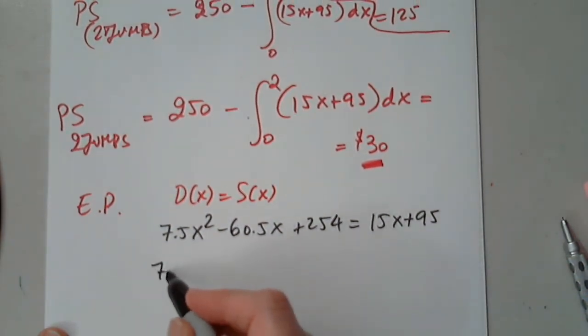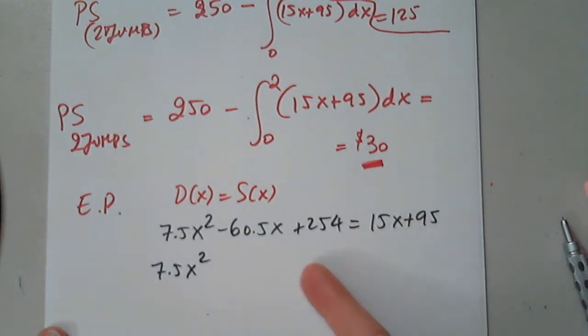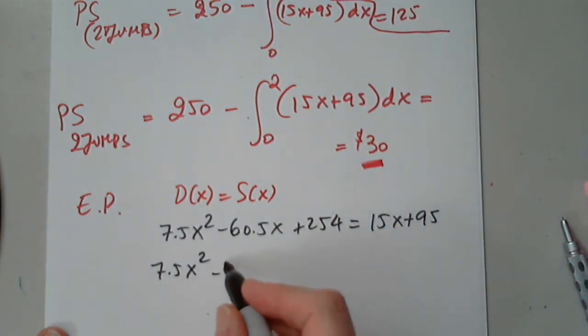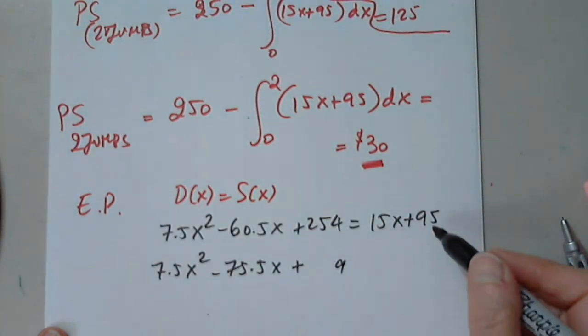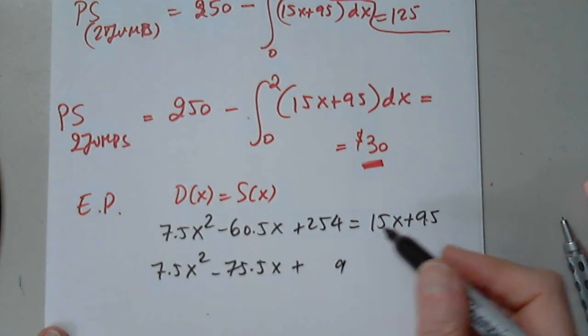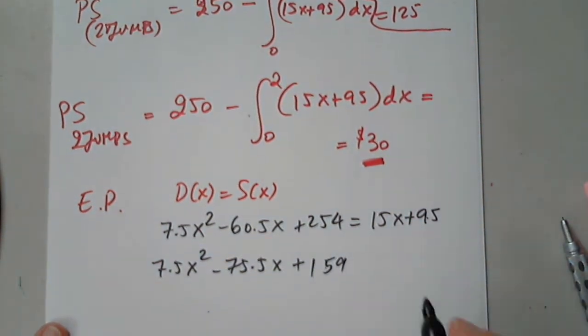So I have 7.5x squared, I subtract, so I have negative 75.5x, and I subtract and get plus 159. Always correct my numbers, please.